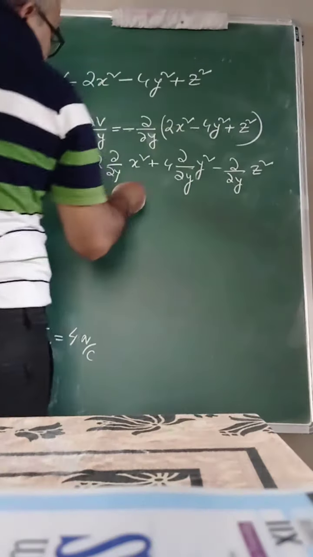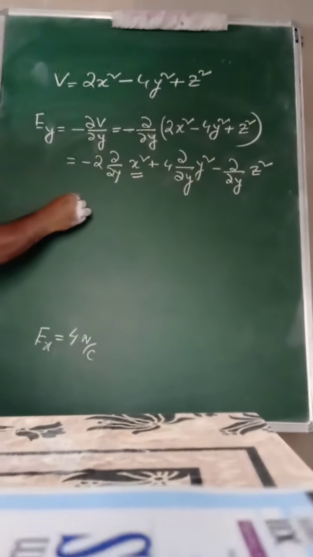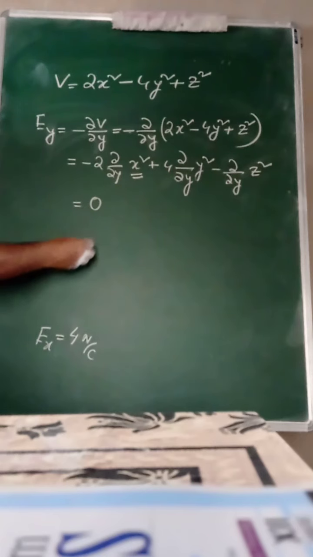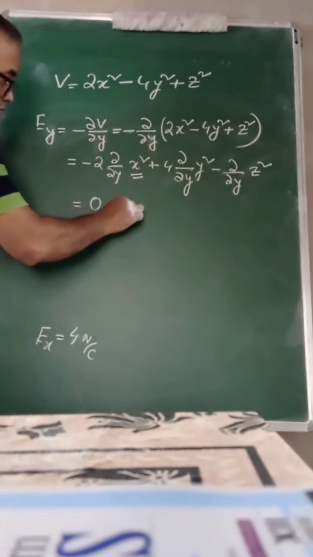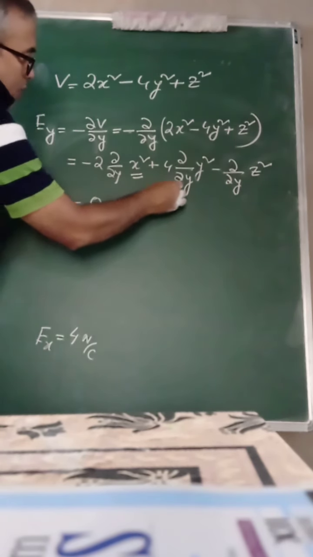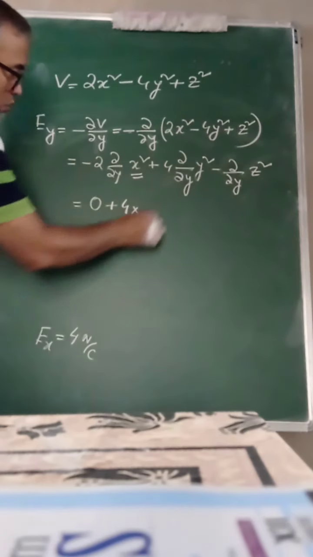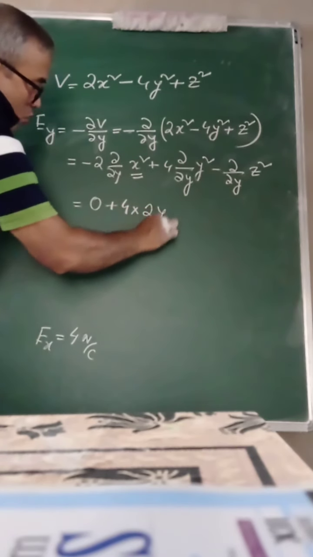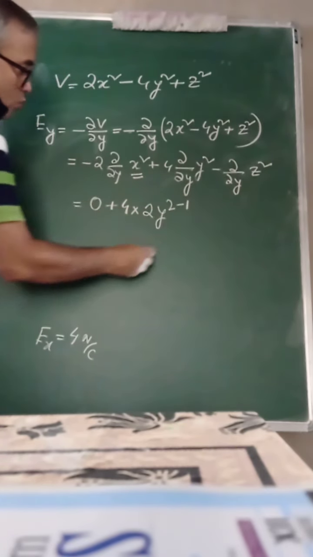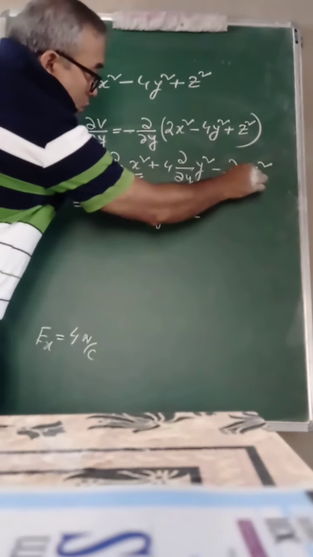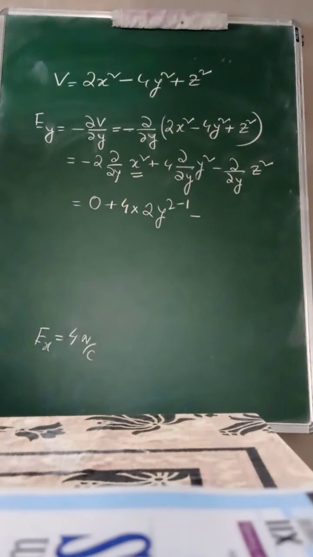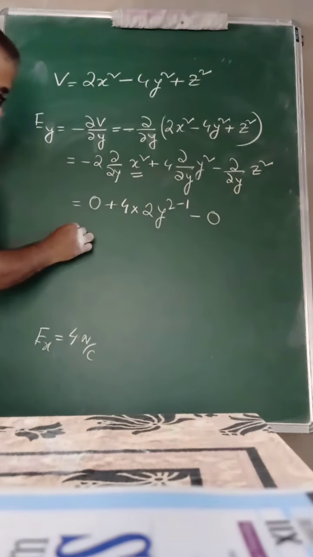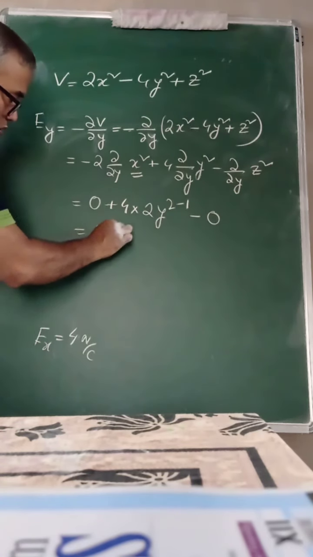Now when we differentiate x square with respect to y, we are getting 0. When we differentiate y square with respect to y, we get twice y to the power 2 minus 1. Again, when we differentiate z square with respect to y, again we get 0. That means we are getting 8y here.